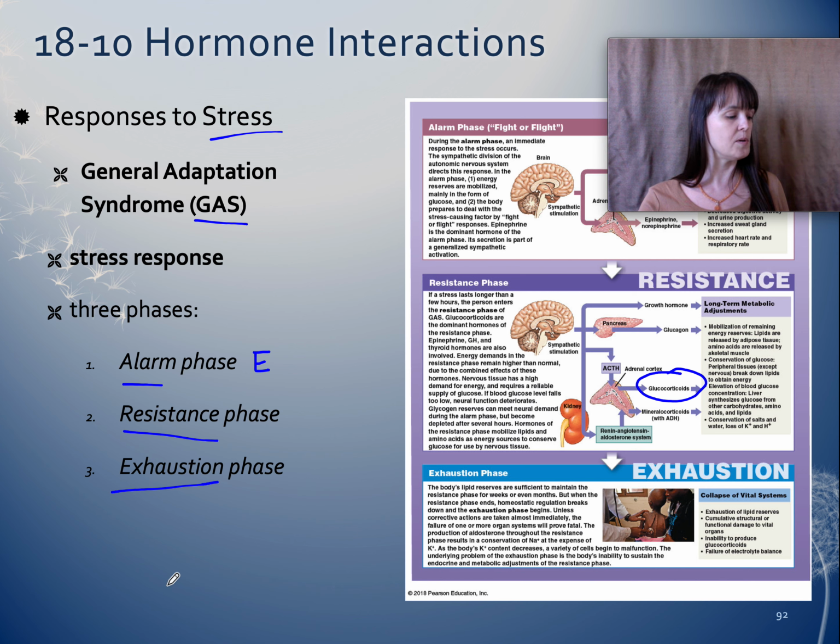EPO is erythropoietin. Sometimes people take it to improve athletic performance because increased red blood cells is increased oxygen is increased ATP is more go and go faster for longer.